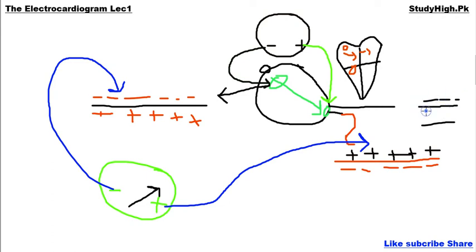Now in this condition both cell membranes of these cardiac muscles have been depolarized. If you connect the voltage meter with this portion and this portion, you will observe no deflection of the voltage meter.